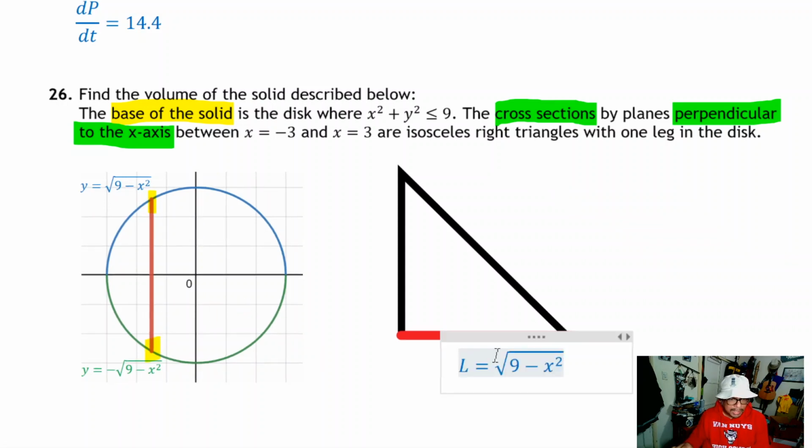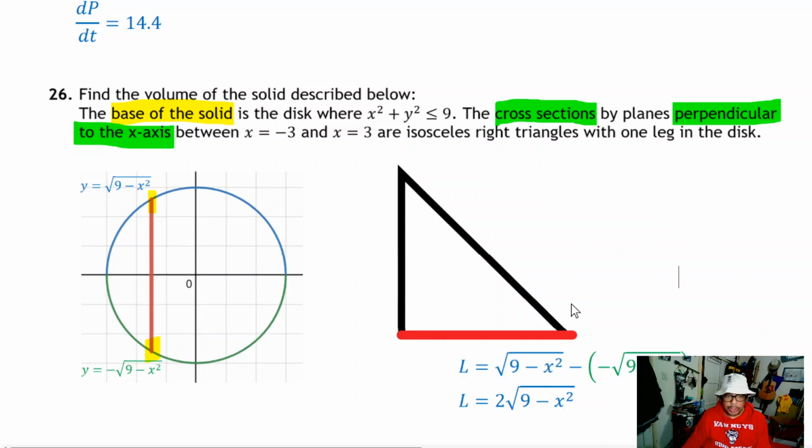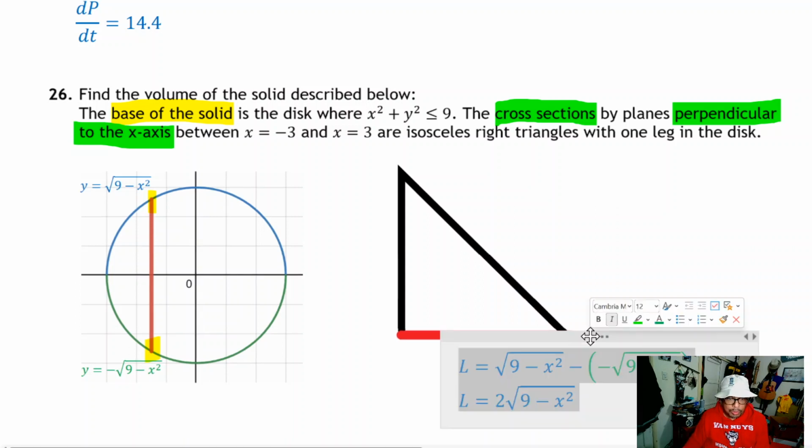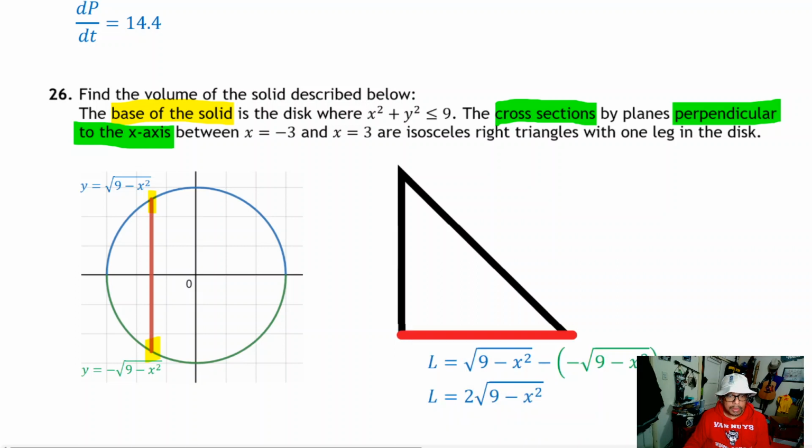So in other words, L is going to be equal to the square root of 9 minus x squared from the top curve minus negative square root of 9 minus x squared, which would be the curve on the bottom. Or to put it another way, L is equal to 2 times the square root of 9 minus x squared.